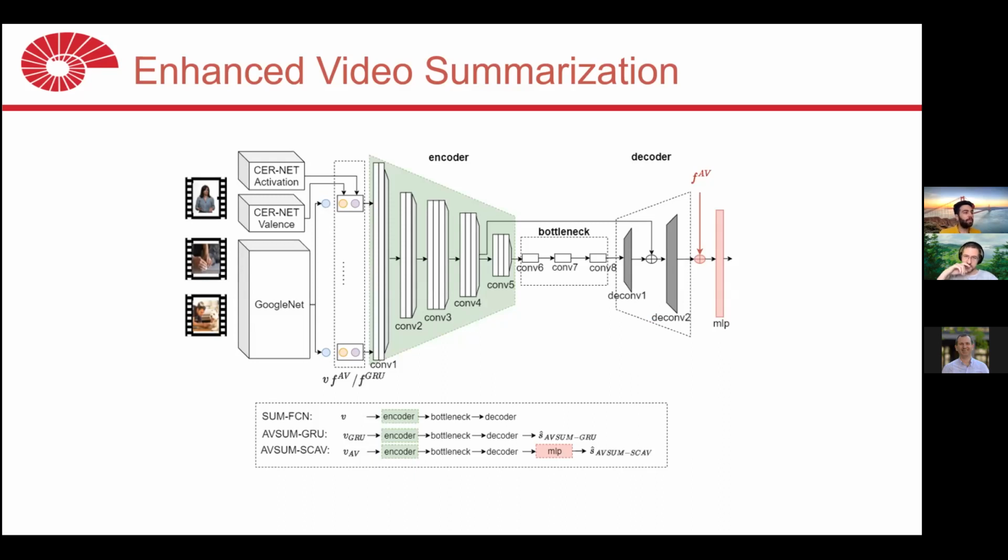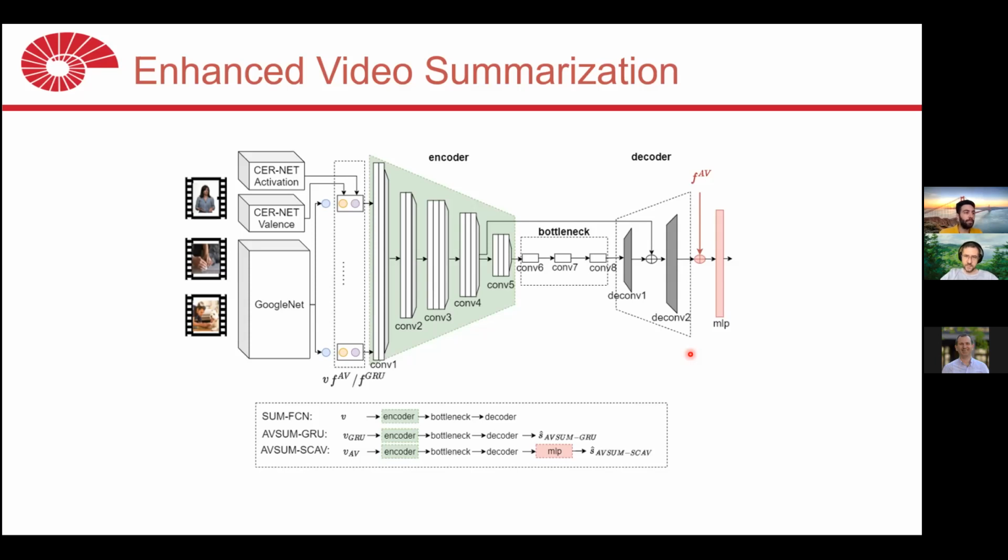The baseline, which is SumFCN, only uses the features from GoogleNet. It extracts the features from GoogleNet and passes them through a fully convolutional encoder. There's a bottleneck, and then the temporally compressed information is decoded to find the binary class labels.